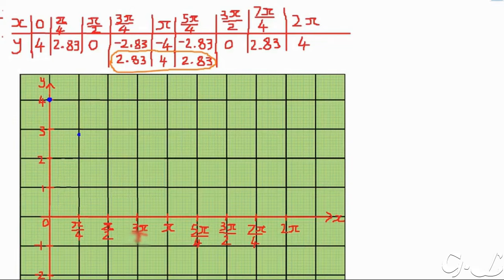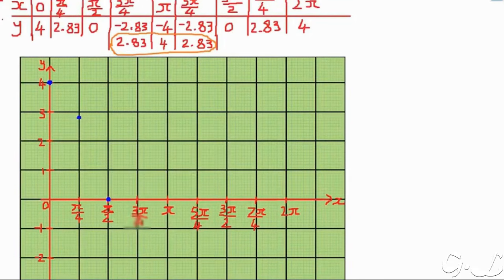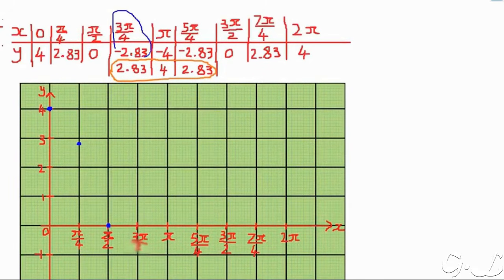And then pi over 4, 2.83, it is that one. Pi over 2, 0, it is that one. And then 3 pi over 4.